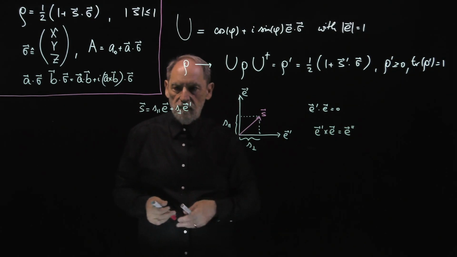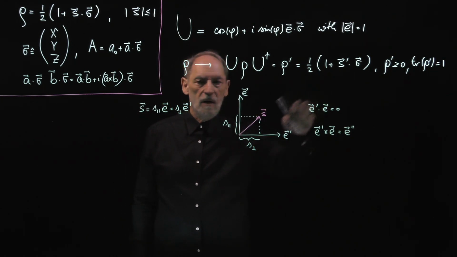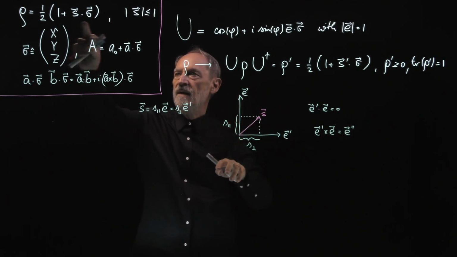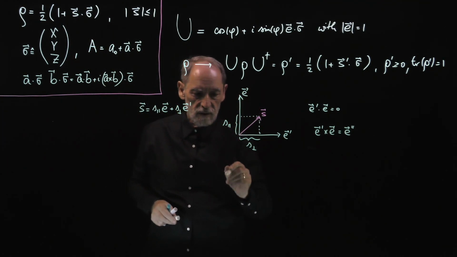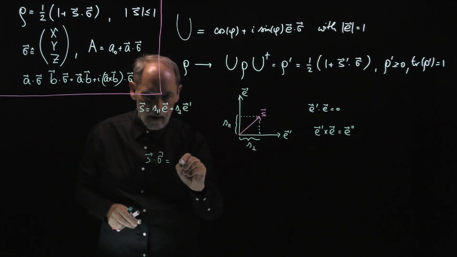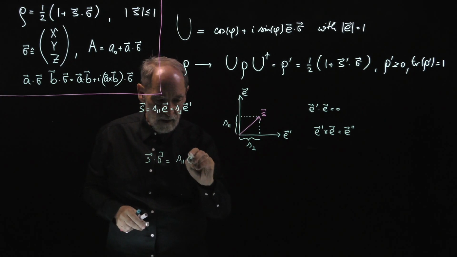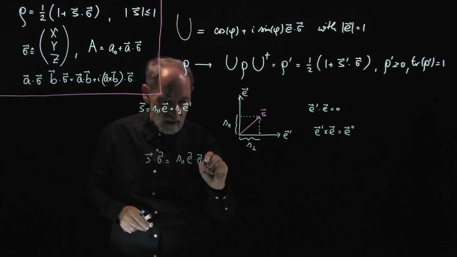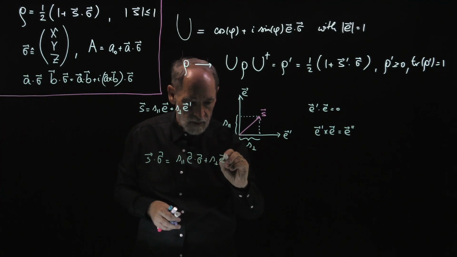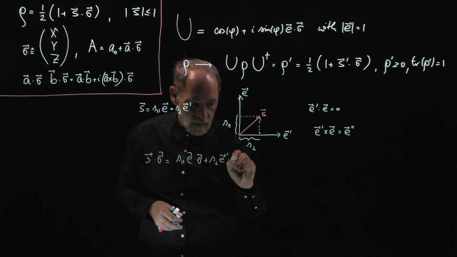So what we need to work out is what's the effect of this unitary transformation on S dot sigma. So the S dot sigma is the S parallel E dot sigma plus the S perpendicular E prime dot sigma.